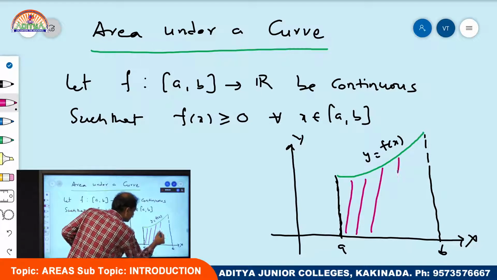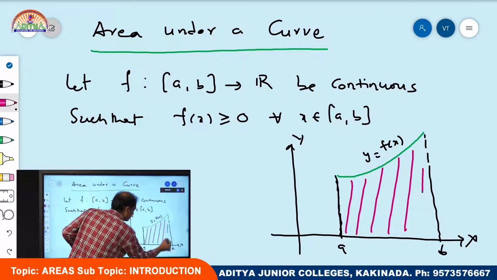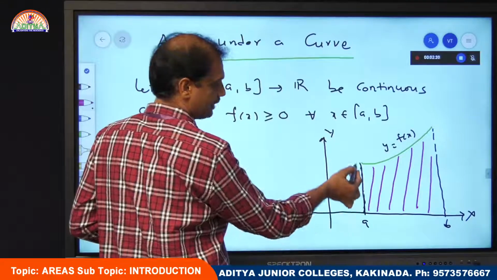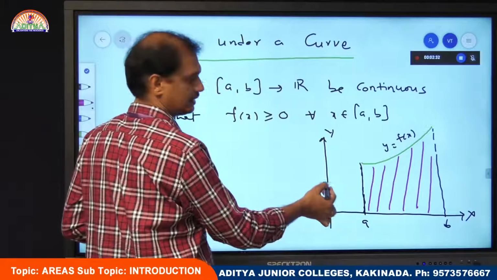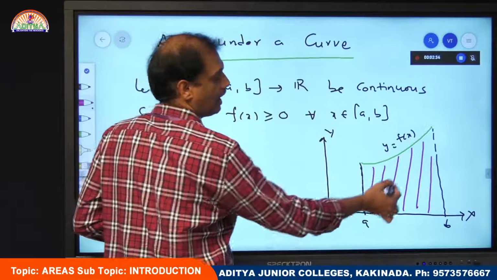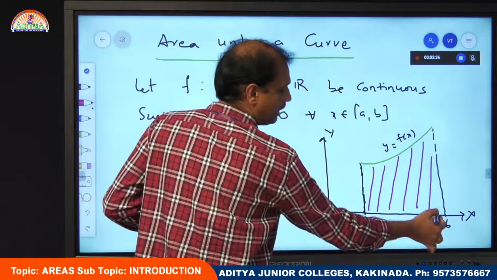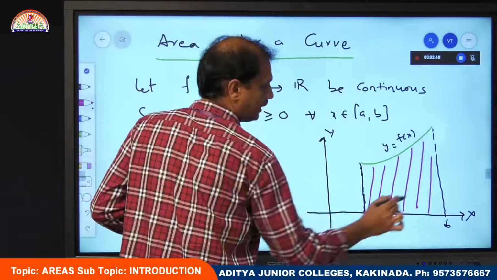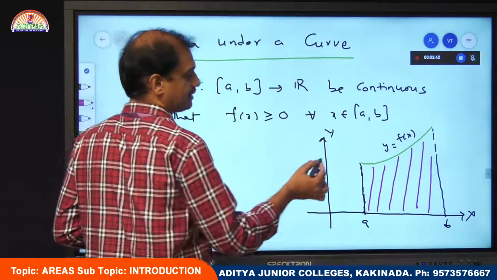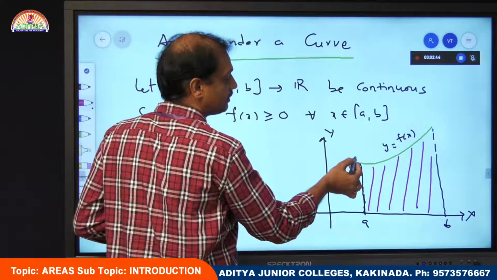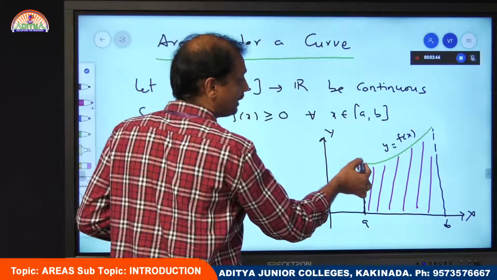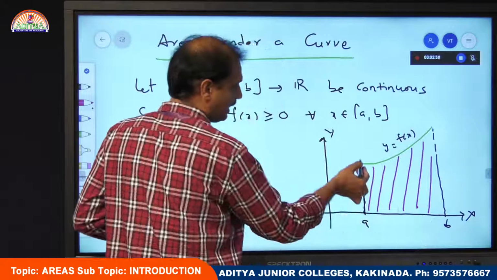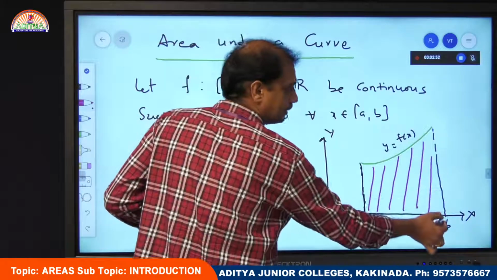Here this area is bounded by y equal to f of x, x equal to a, because it is parallel to the y axis, and this is x equal to b, and this is the x axis. Again, we are going to find the area of the region bounded under y equal to f of x, the x axis, and the lines x equal to a and x equal to b.